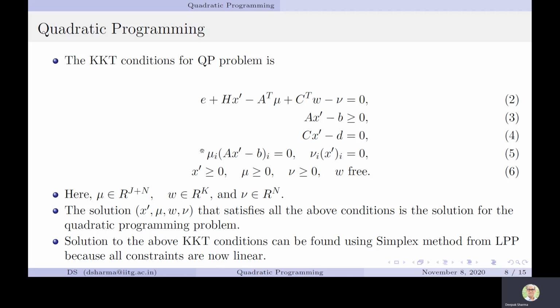Now suppose we are going to find a solution, so the solution which is satisfying all the equations will become the solution for the quadratic problem. Now, as I have mentioned here, the solution to the above KKT conditions can be found using the Simplex search method for LPP because all constraints are linear.